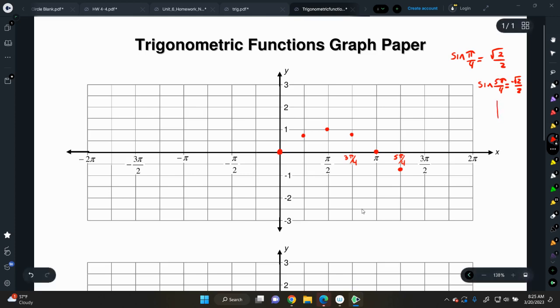Three pi over 2, so that's right here. What's the sine at that point? Negative 1. And here we have 7 pi over 4. So sine of 7 pi over 4, that's over here. So that is also negative root 2 over 2. And then the sine of 2 pi, that's right here. So that is 0. So our curve looks like this. That's our sine curve.